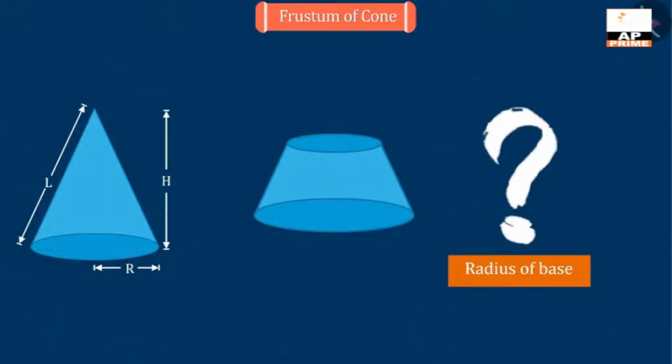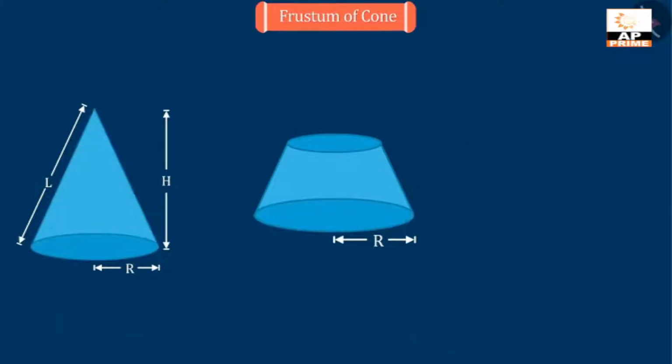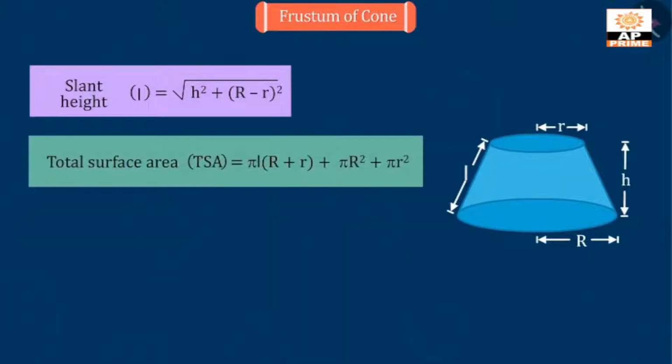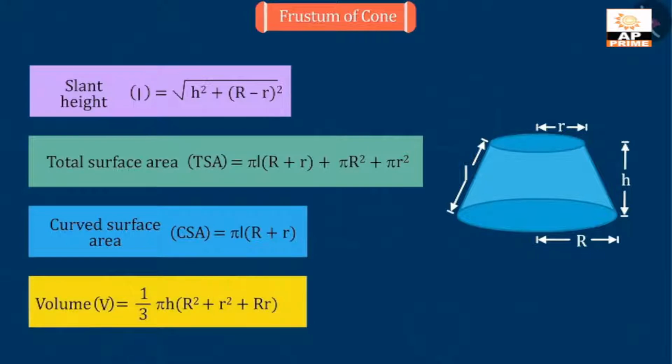Absolutely correct, because it is the lower part of this cone, its radius will be the same as the radius of the cone, which is capital R. If we represent the radius of the upper end as small r, the height of the frustum as small h, the slant height as small l, then we can find out slant height, total surface area, curved surface area, and volume of the frustum with the help of their formulas.